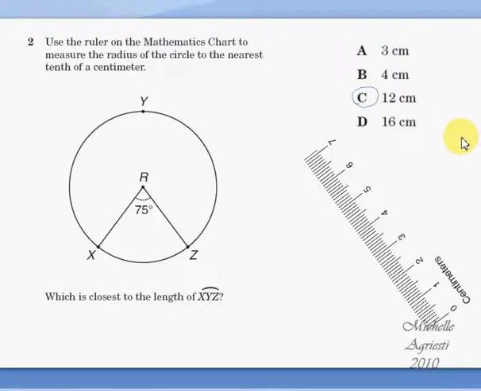Now, if we had to do this using what I call 5th grade skills, in other words, we'd have to guess. We already know that the radius is about 2.5 centimeters. So with that in mind, if I'm going all the way around, I know that A and B could be eliminated. And that brings it down to C and D. Now notice the answer 16 here.